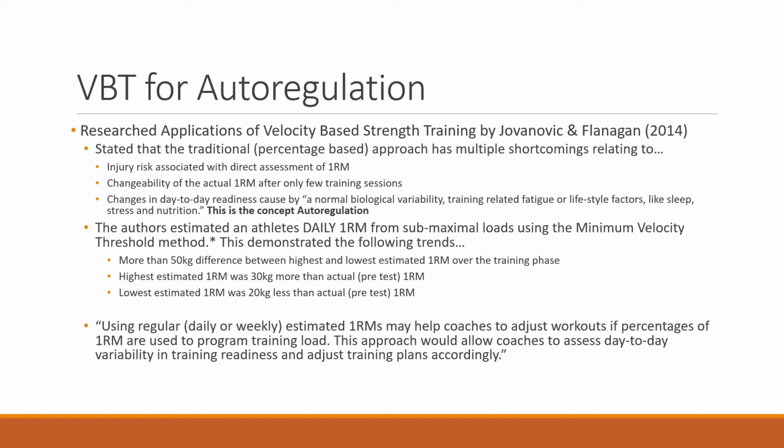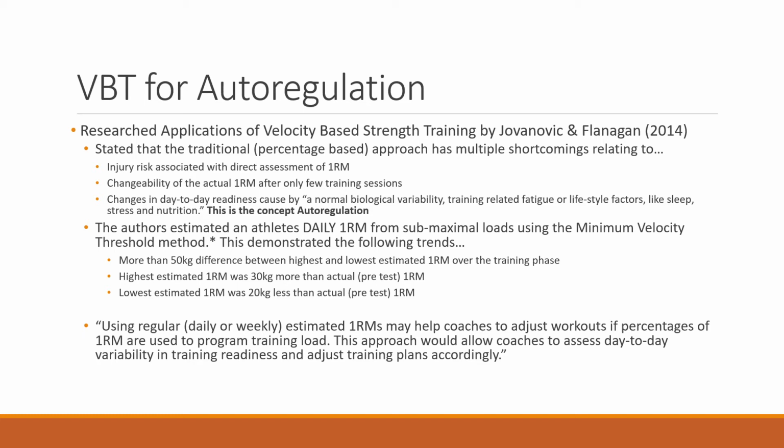The authors estimated an athlete's daily 1RM from submaximal loads using the minimum velocity threshold method. And this demonstrated the following trend. A more than 50 kilo difference between highest and lowest estimated 1RM over the training phase. Highest estimated 1RM was 30 kilos more than actual pre-test 1RM.